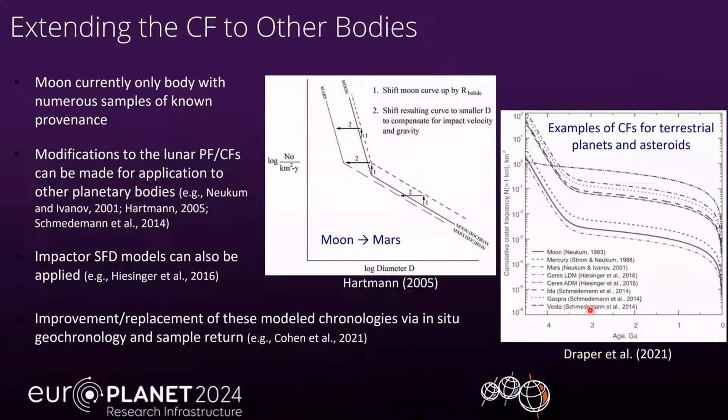There are chronology functions based on things like the asteroid size distribution, but many of the chronology functions for terrestrial planets and also asteroids are based on the lunar one. It's important that the lunar one be as good as possible, because the moon is the only place that we currently have samples from known locations that we can actually set up this calibration for.